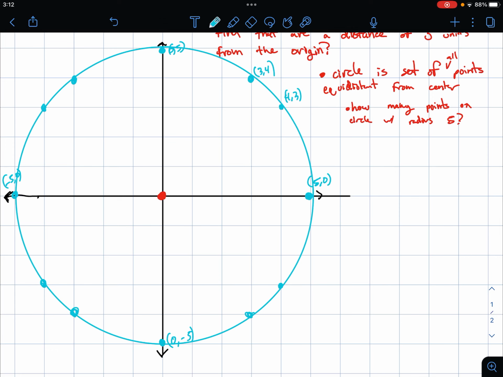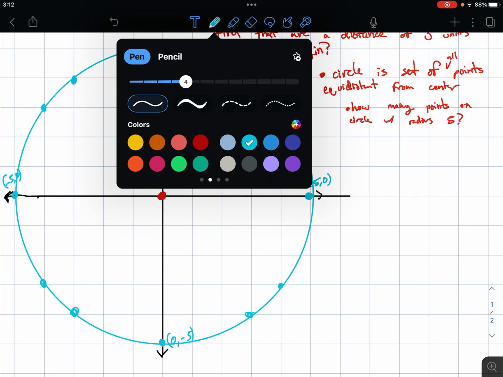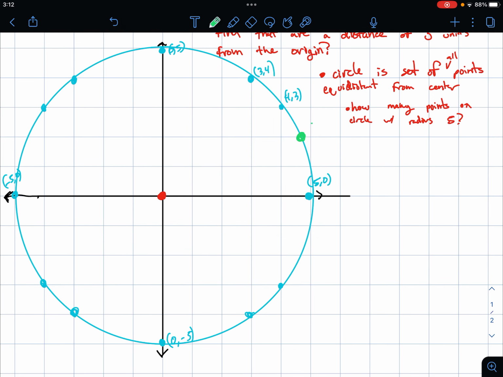Beautiful. But what if I wanted more points? What if I wanted a point right here and I wanted to know what the xy coordinates are of that point? Or say I wanted a point right here. How am I going to be able to figure out every single possible set of coordinates?